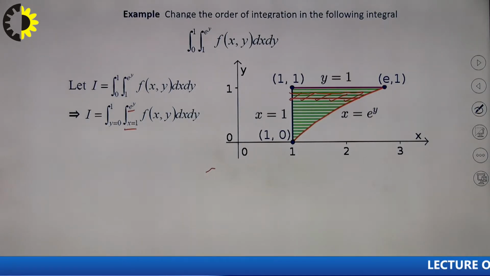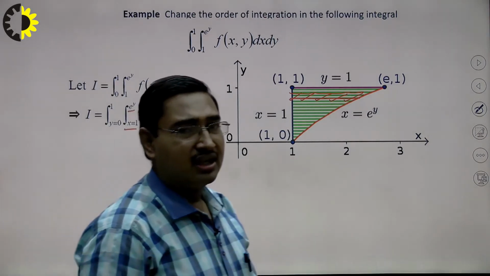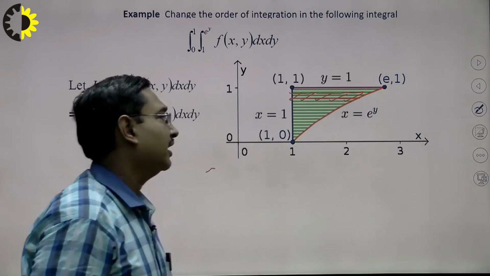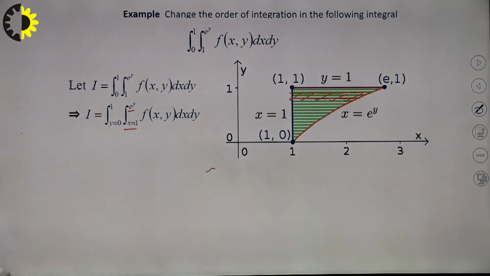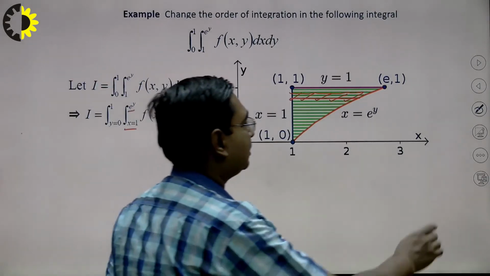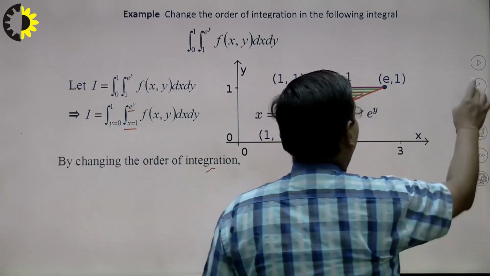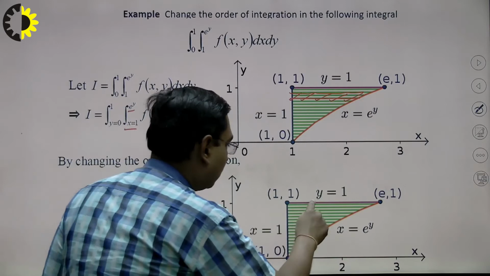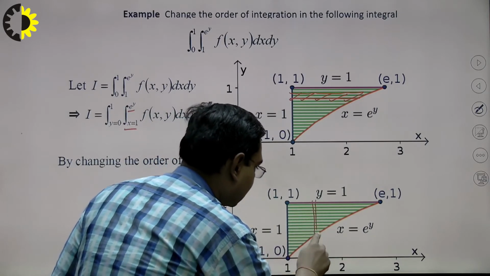To change the order of integration, what will we do? We will change the type of slicing. That is, we will divide the same region into vertical slices.